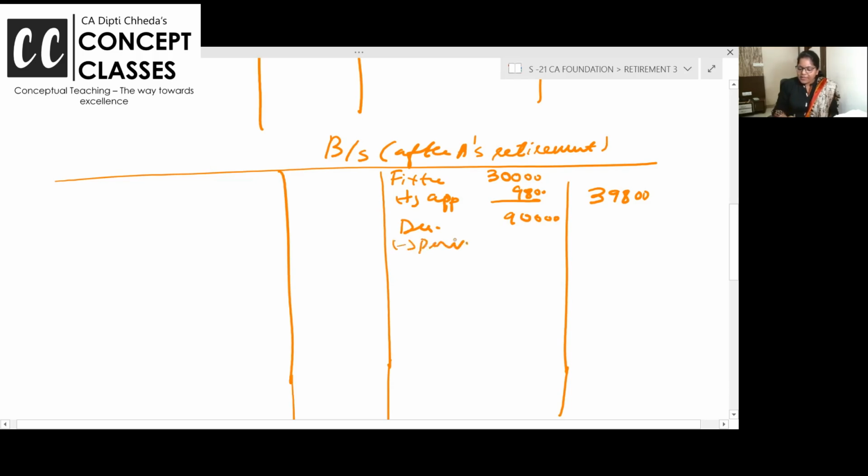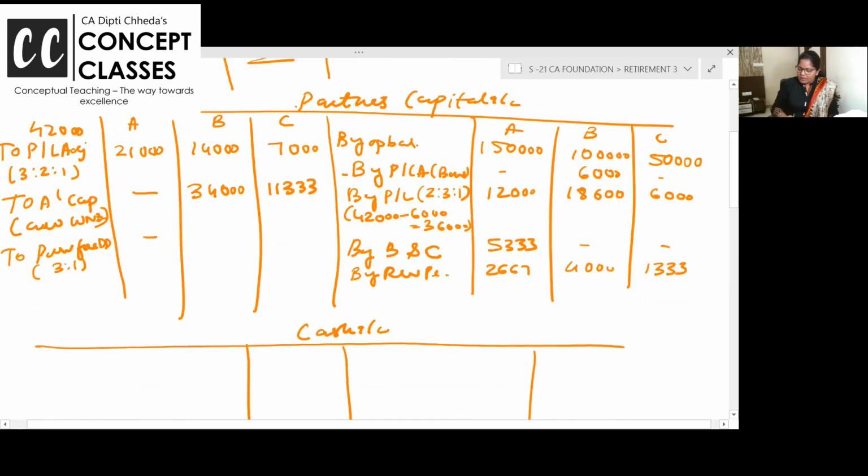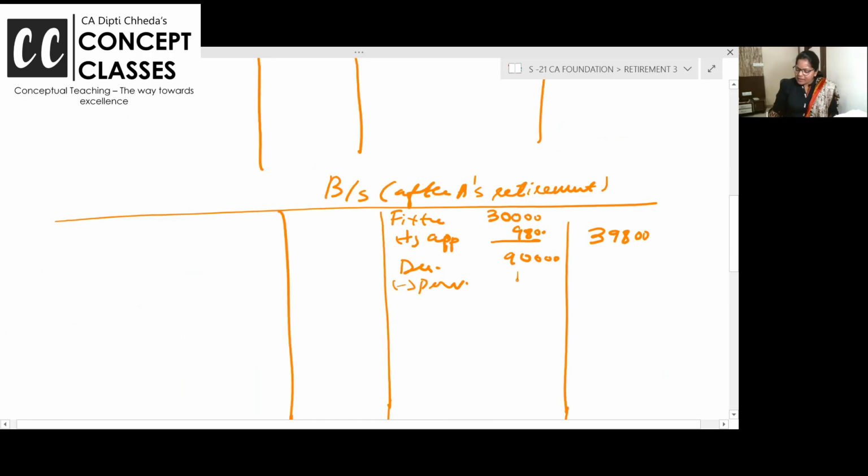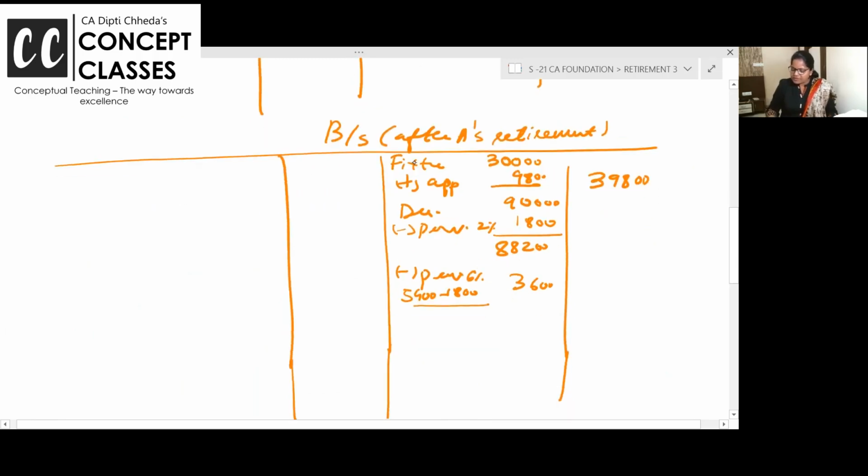You have already created a provision here, 2%, 1,800, and I'm writing in the inner column 88,200. Now you still want the provision up to 6% on the original debtors, 90,000 into 6%, 5,400, you want the provision. 1,800 provision you have already created. So how much more provision will you create? 3,600. Is the screen clear to all of you?